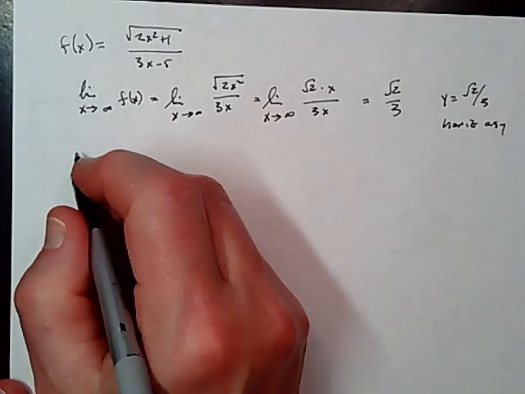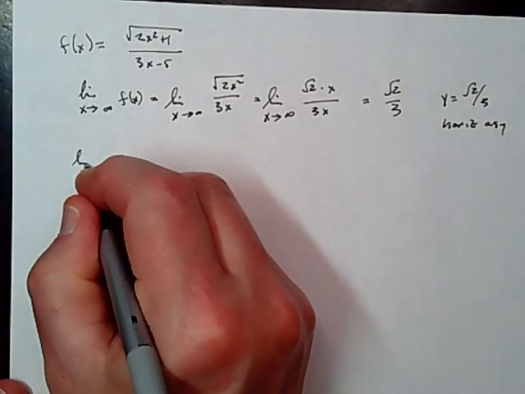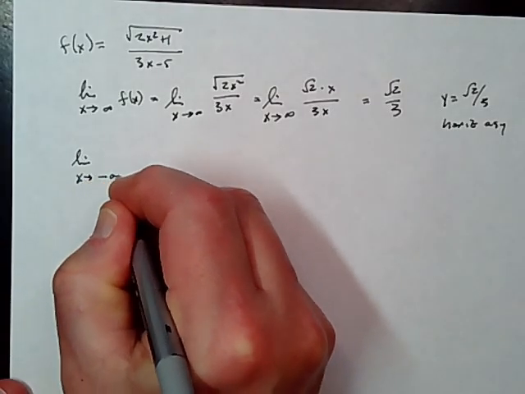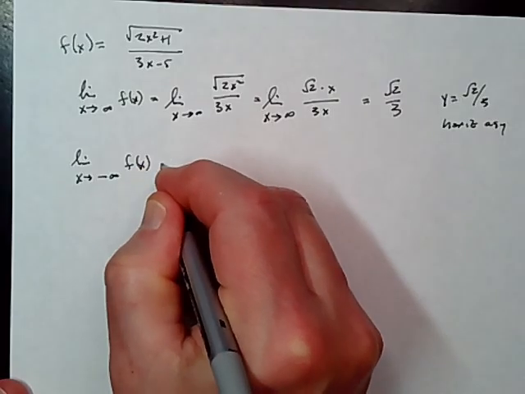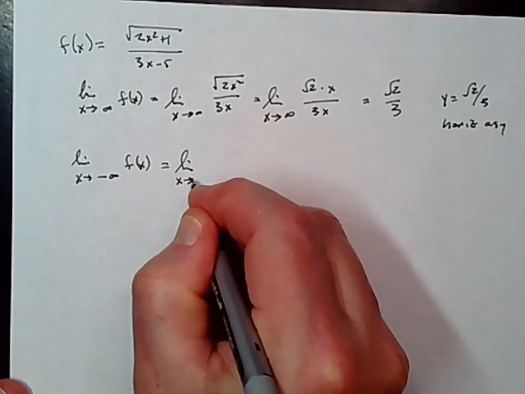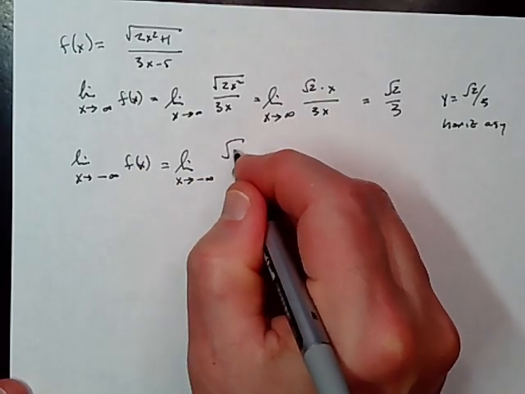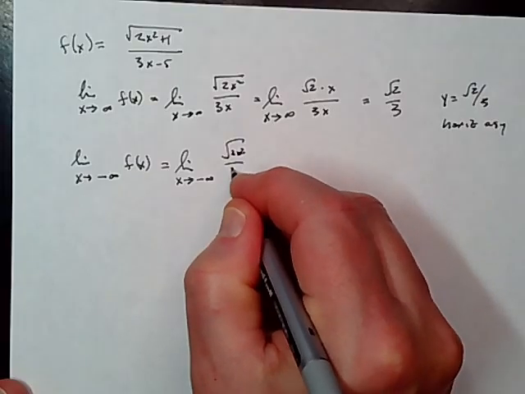Now let's look at what happens when x approaches minus infinity. The limit as x approaches minus infinity of f of x, and of course much of it's the same. The limit as x approaches minus infinity of the square root of 2x squared over 3x.